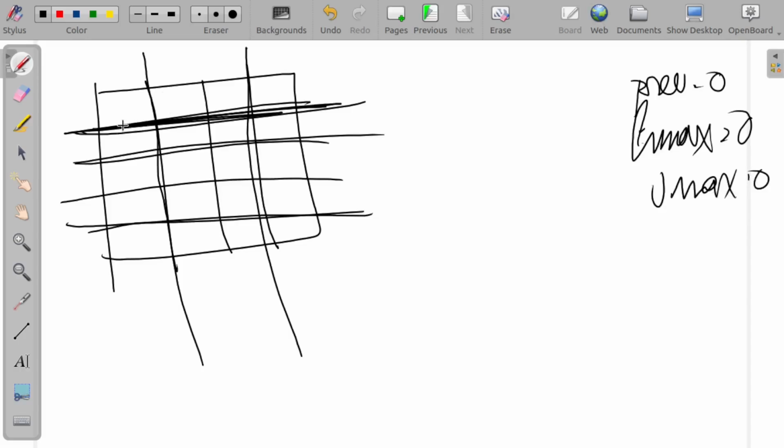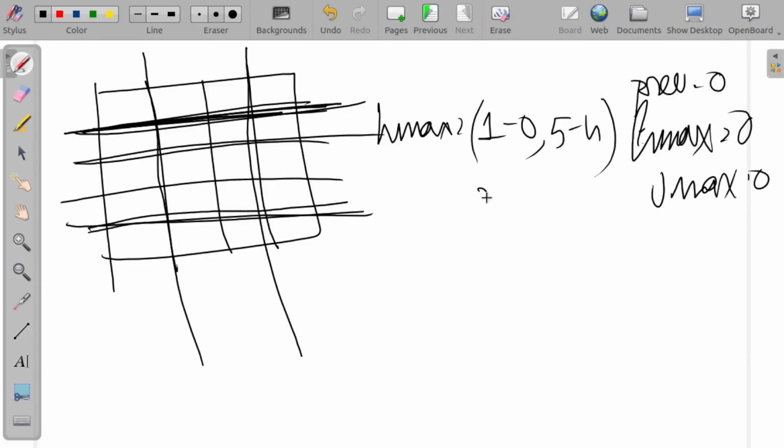So the height max I take as 1 minus 0, and for the last one 1 2 4, so 5 minus 4, which is 1 and 1, so it is updated as 1.